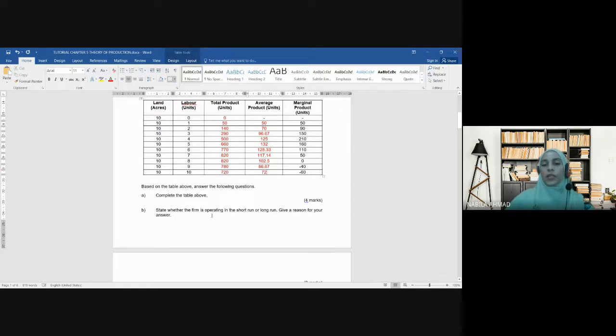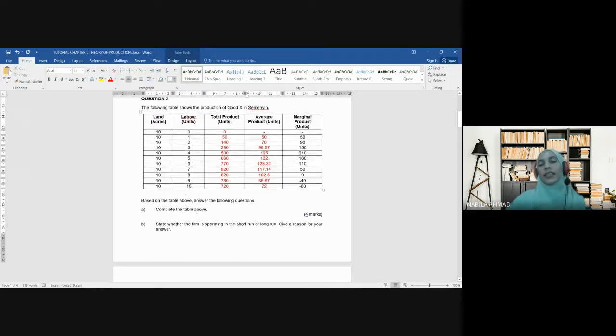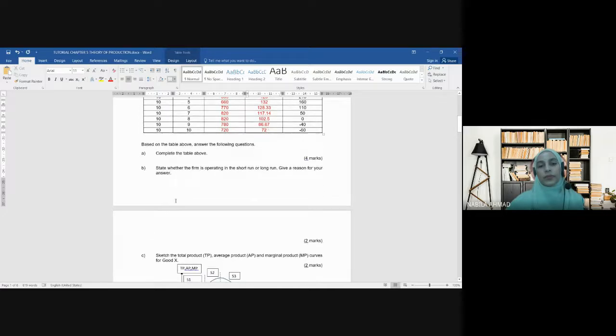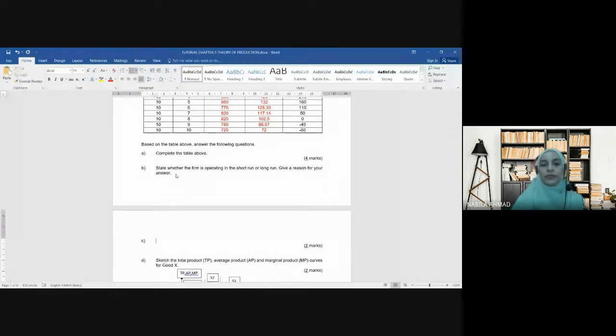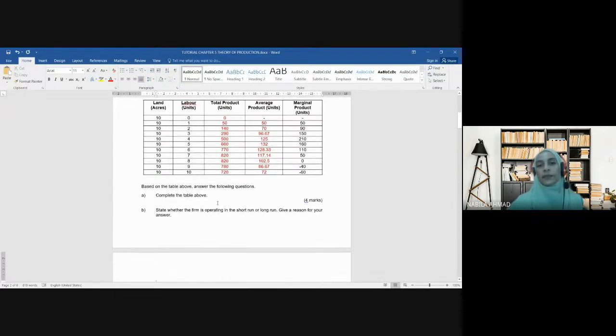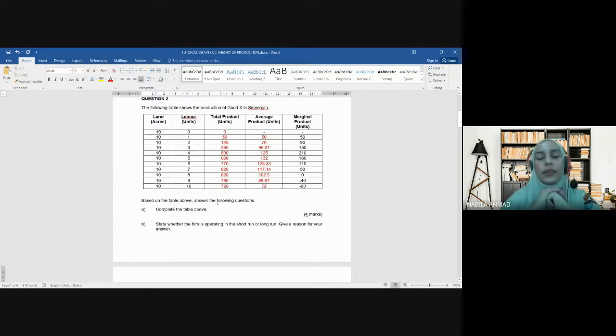State whether the firm is operating in the short run or long run. Give a reason for your answer. Jadi, siapa boleh jawab ni? Adakah ini dalam short run or long run? Salah pun tak apa. Ingat tadi kita nak bezakan short run dengan long run, kita tengok dia punya inputs, betul tak? Okay, so short run or long run?